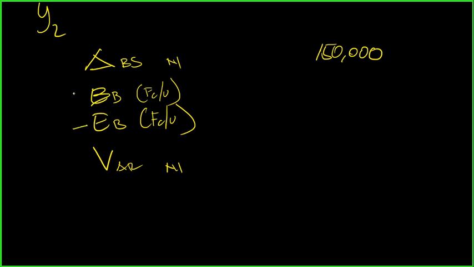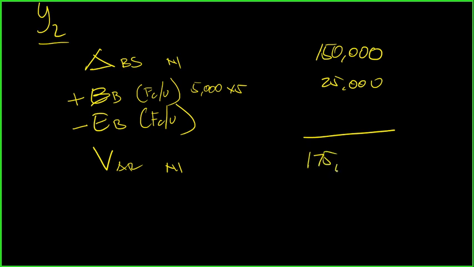Meron tayong beginning inventory, pero wala tayong ending inventory because this is already year 2. So, for your beginning inventory, it's 5,000 units, and the fixed cost attached to this is 5, so that will be 25,000. 150 plus 25, that's 175,000. Bakit ganun?